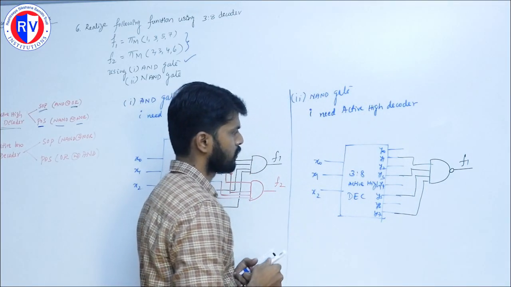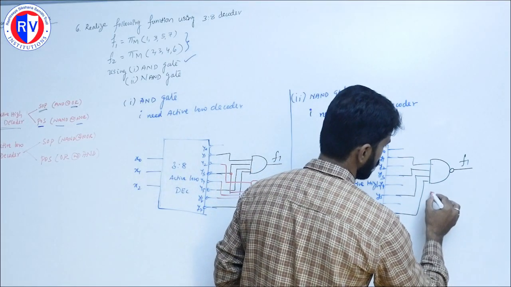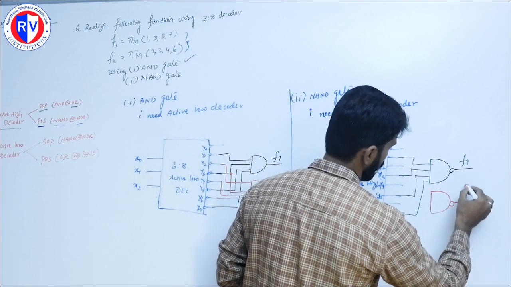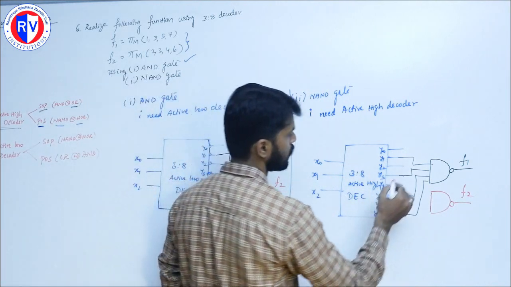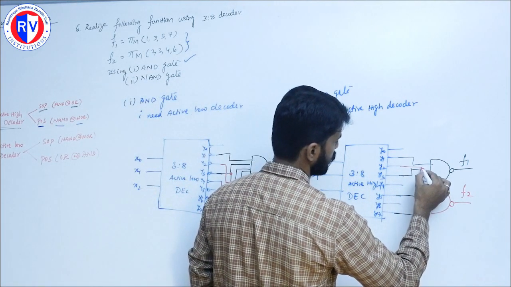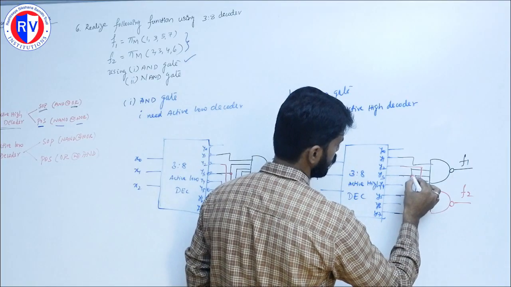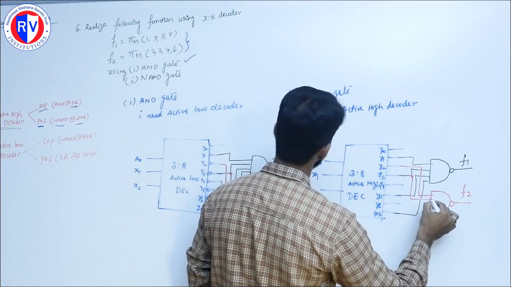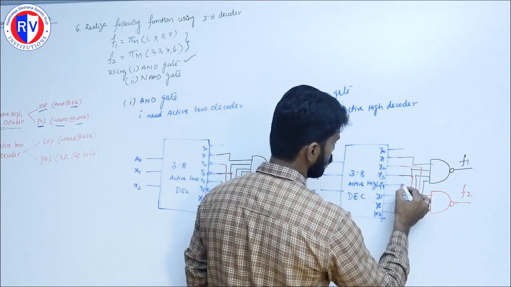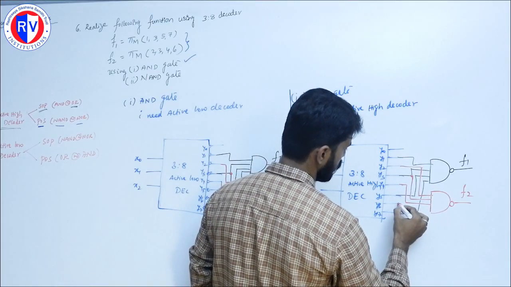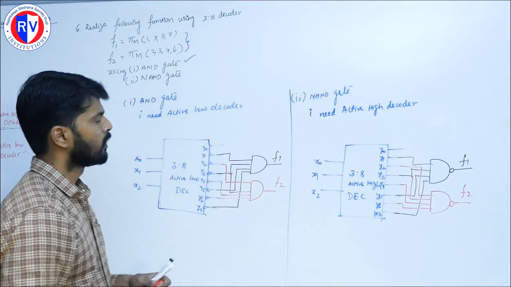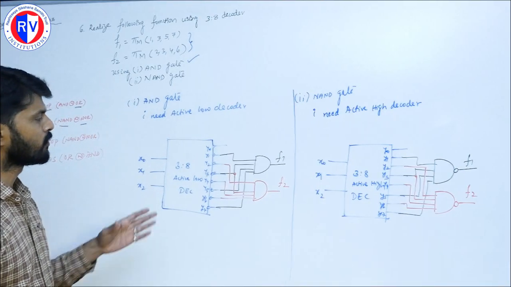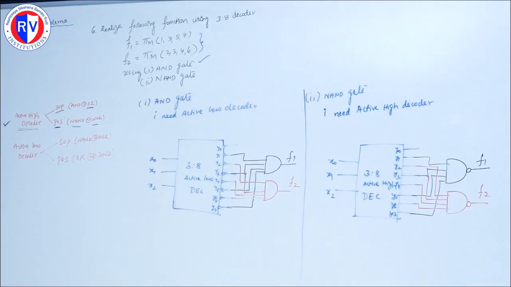Similarly, for the second function F2, one more NAND gate with outputs 2, 3, 4 and 6. So this is how we can realize any Boolean equation with the help of a decoder.